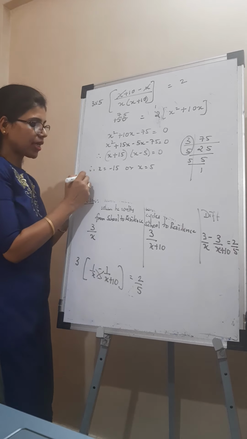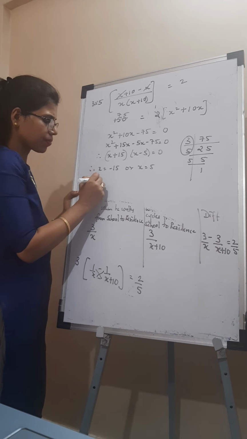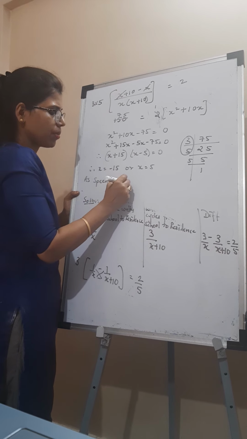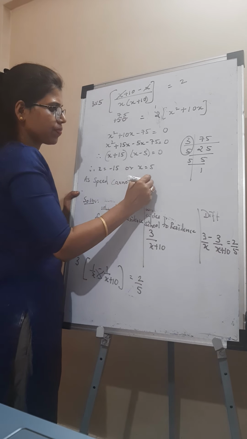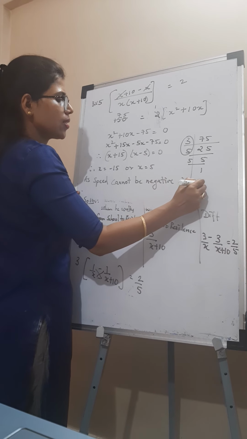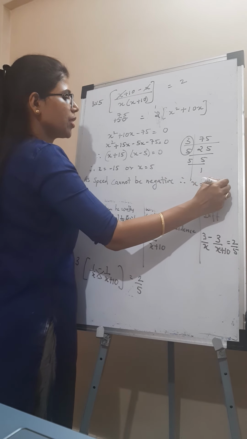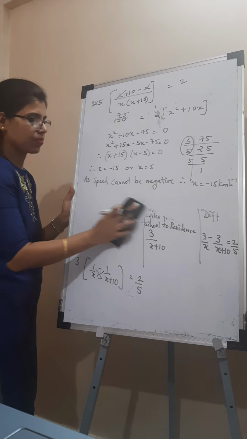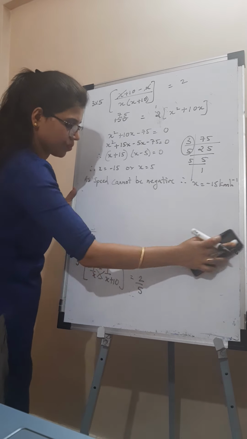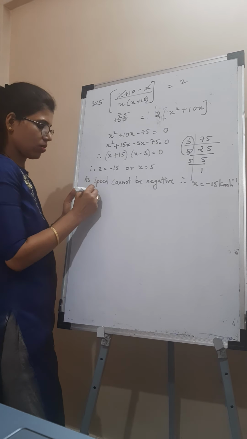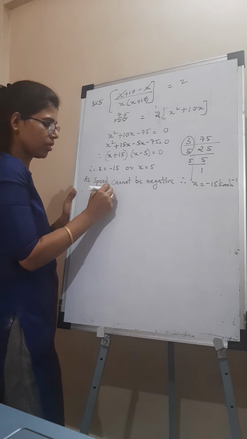Now as speed cannot be negative, therefore x is equal to minus 15 km per hour is not possible.